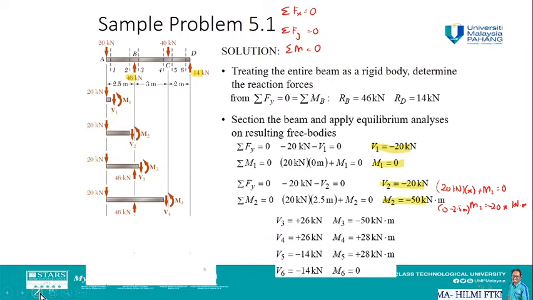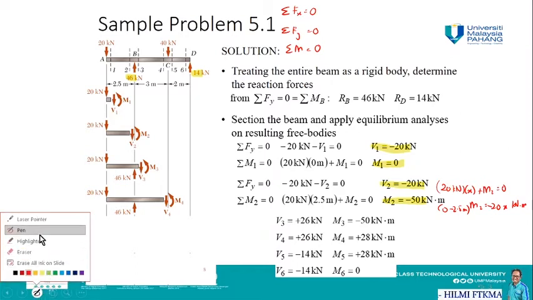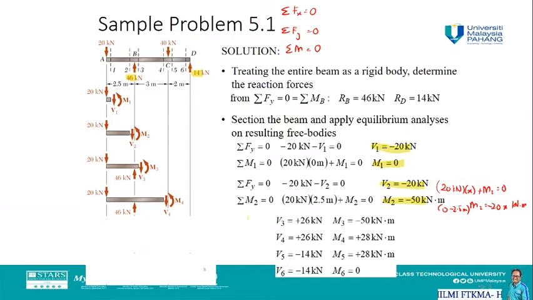So the shear force stays constant from point B to point C. And we are going to see that the bending moment increases from negative 50 kilonewton meter to positive 28 kilonewton meter. Next we are going to get V5 equal to negative 14 kilonewton and M5 equal to 28 kilonewton meter.